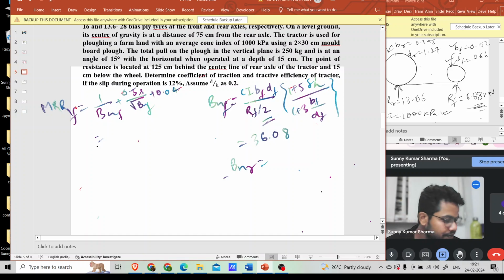Bn for rear wheel is 73.94. I'm telling you the value.